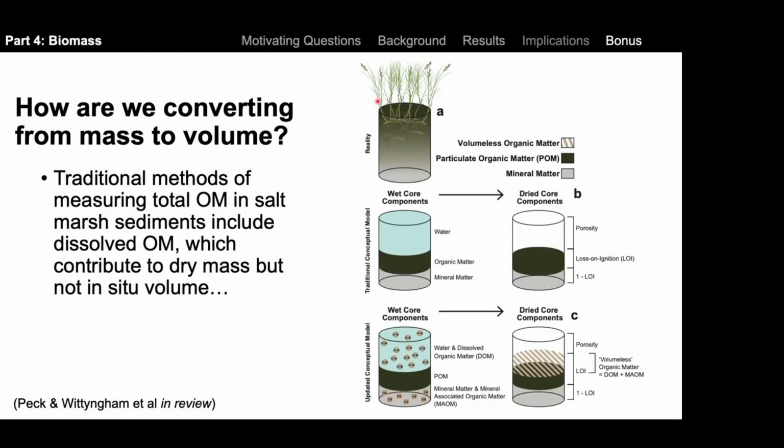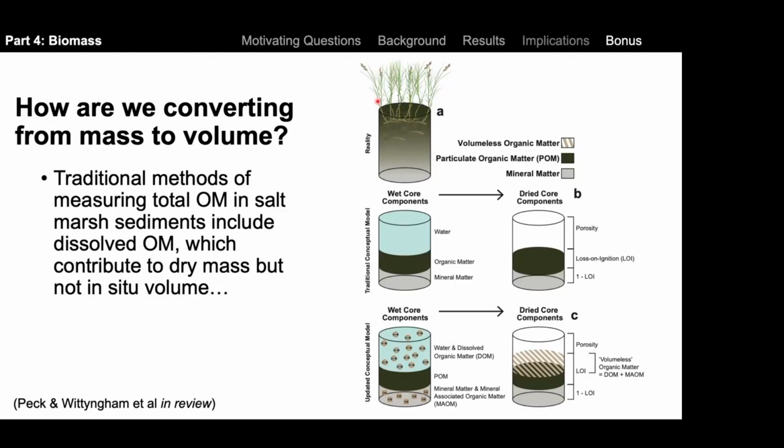Okay, the bonus chapter here that I will just sort of tease is that I started thinking about the way that we take masses of organic matter and convert them to volumes in our morphodynamic models, and the ways that we might be overestimating the contribution of organic matter to the geomorphic stability of salt marshes.